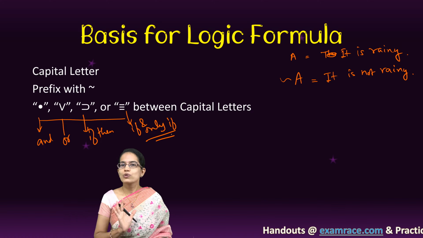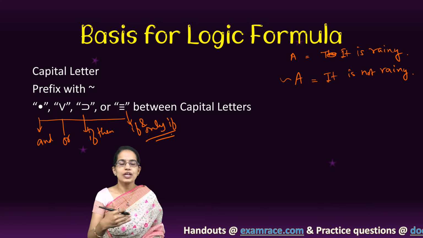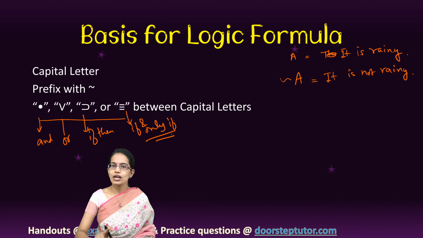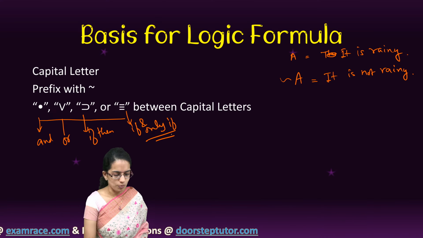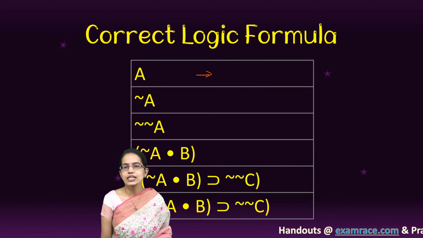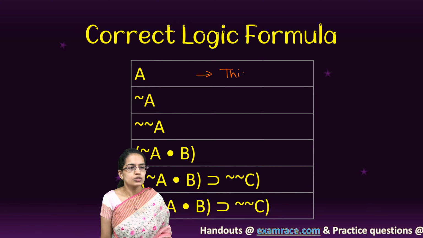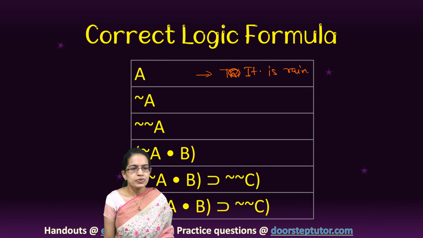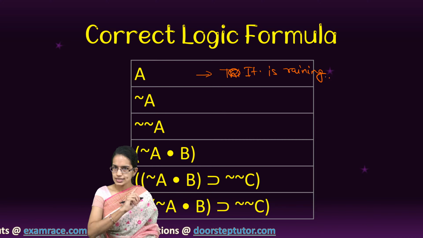Now let's go to certain examples. So we'll have an example which is a correct form of logic formula, and an incorrect form of logic formula. So the first example is it is raining. Let me keep the example the same so it makes sense. So I write it as it is raining. So this is A, that is a correct formula.